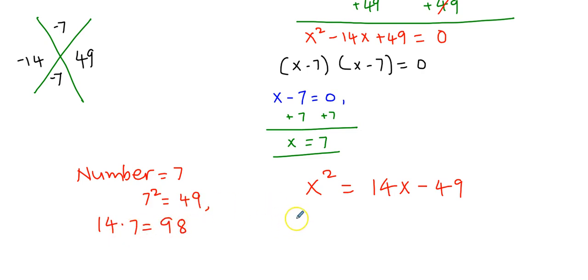Okay, let us verify. This x square, that is 7 square, is 49. This was the mathematical statement: the square of the number is 49 less than 14 times the number.